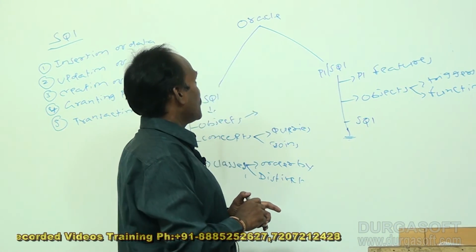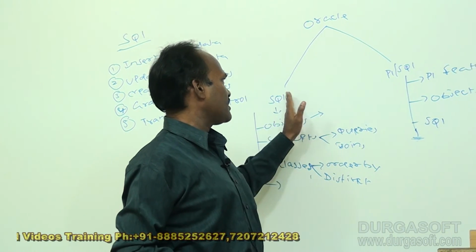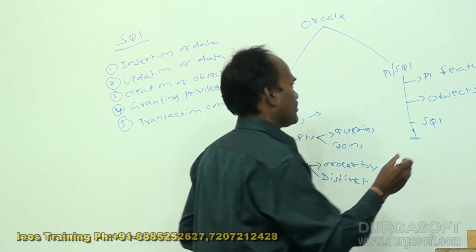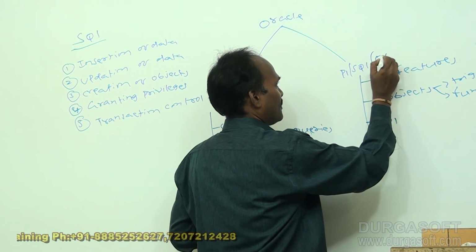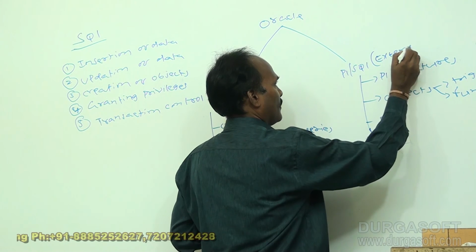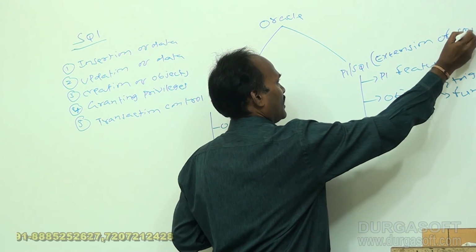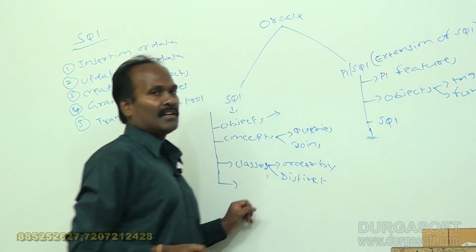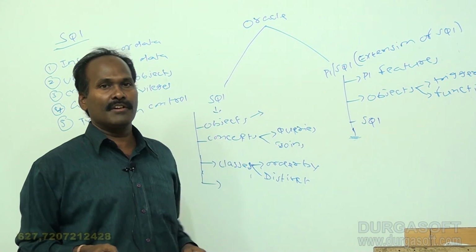Like this, Oracle is divided into two categories: SQL and PL/SQL. PL/SQL is an extension of SQL, not Oracle, extension of SQL. That means the things which we cannot cover in SQL, we cover in PL/SQL.